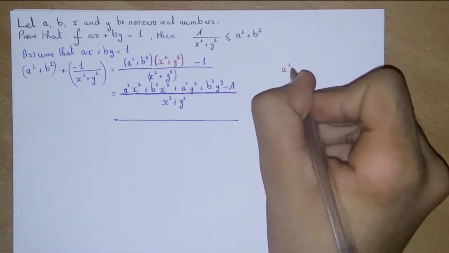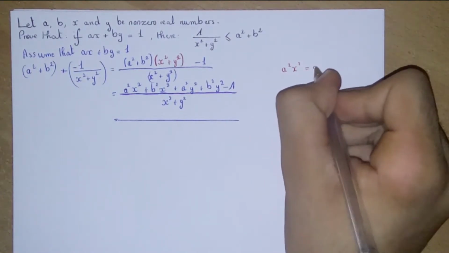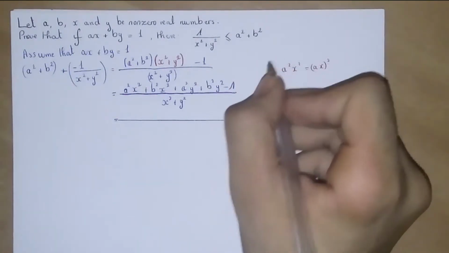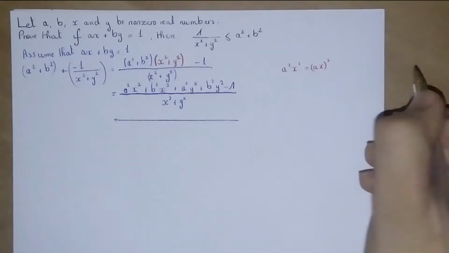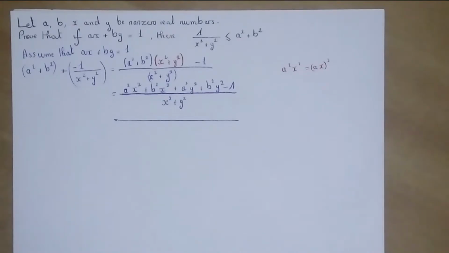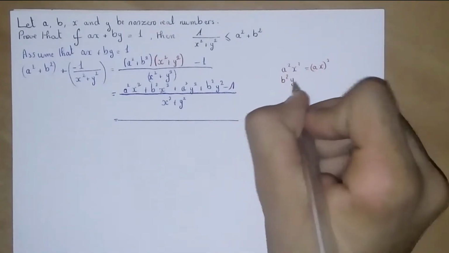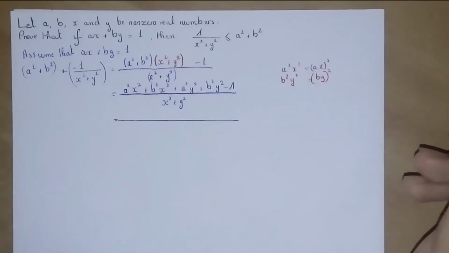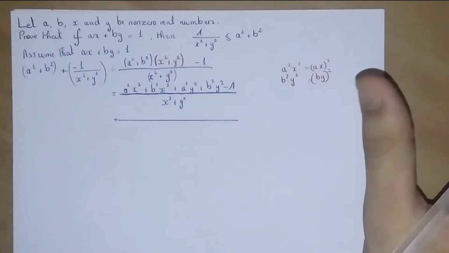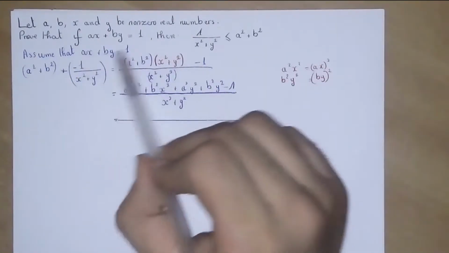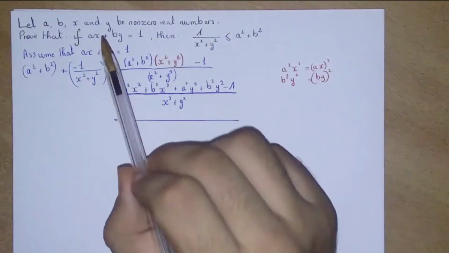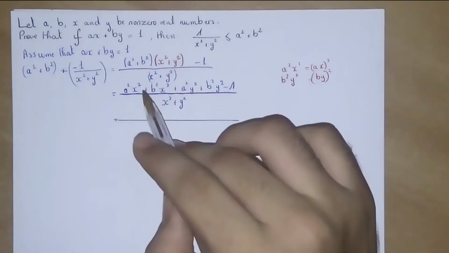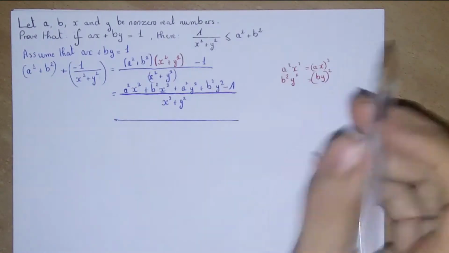And similarly, b squared y squared is the same as by all squared. So maybe if I could take this expression and square both sides, I will find something that will allow me to proceed further with this fraction.